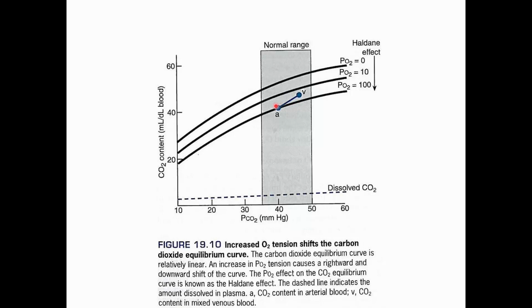And so, in the arterial blood, we have a certain amount of carbon dioxide, but in the venous blood, as the O2 goes down, we enhance the conversion of CO2 to bicarbonate. Why? Because at lower levels of oxygen in the blood, hemoglobin is better able to bind up hydrogen ions and promote the conversion of CO2 and water into bicarbonate and hydrogen ion. So this is the Haldane effect.